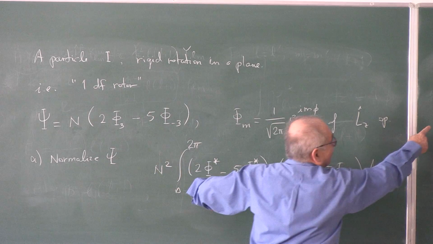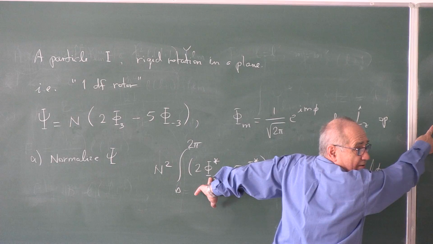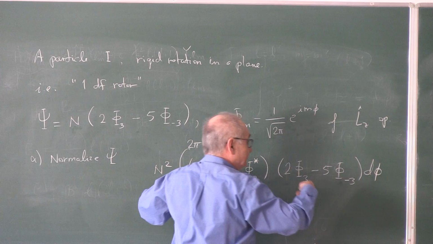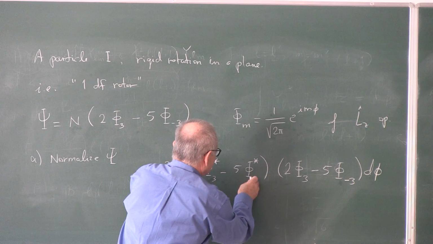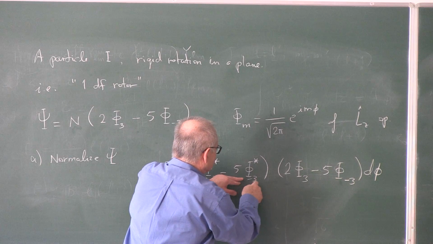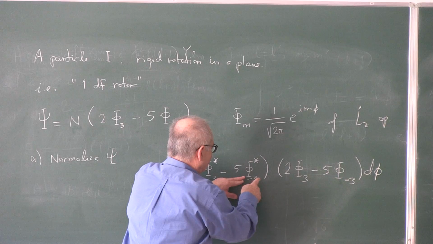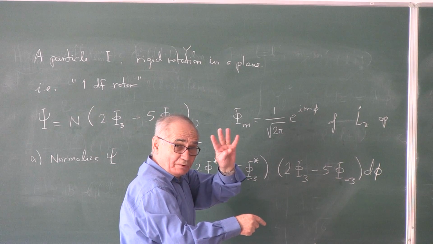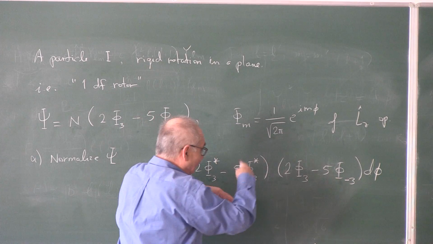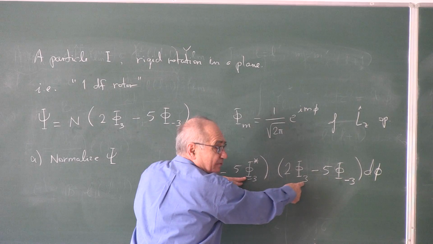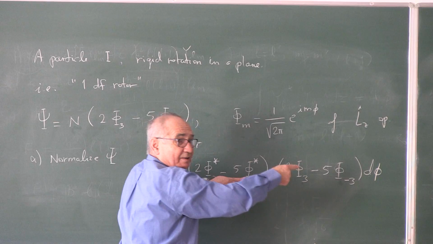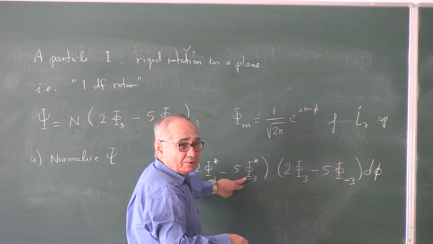Therefore, value of the integral is going to be 0. Similarly, of the four integrals, one of them will be this function, phi minus 3, multiplying with phi 3. This integral is also going to be 0.